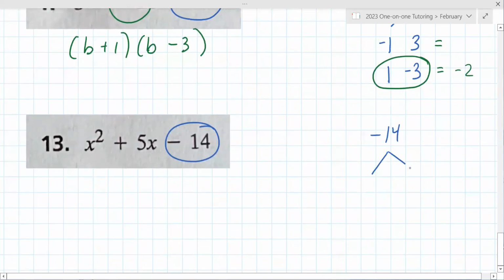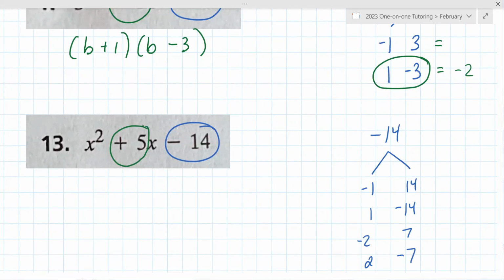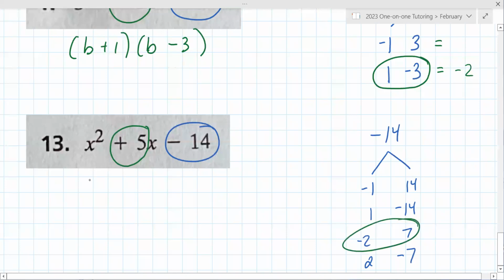And so to get to -14, it could be -1 and 14, 1 and -14, -2 and 7, 2 and -7, but only one of these will add up to +5 this time. -2 and 7, good. So that becomes your answer, x minus 2, x plus 7.